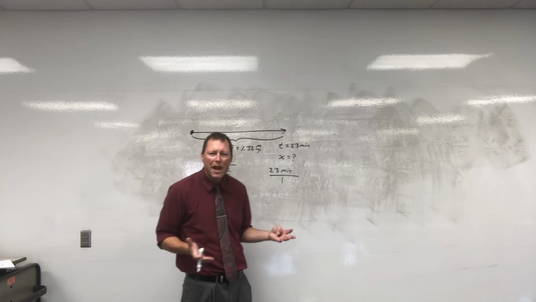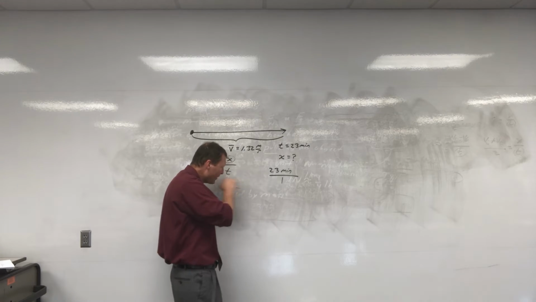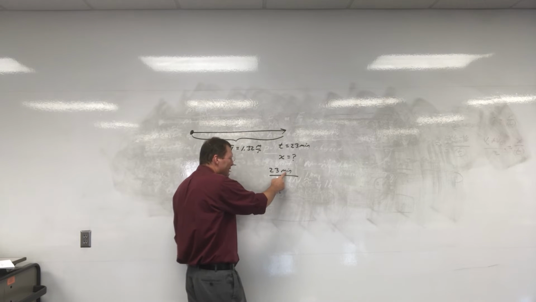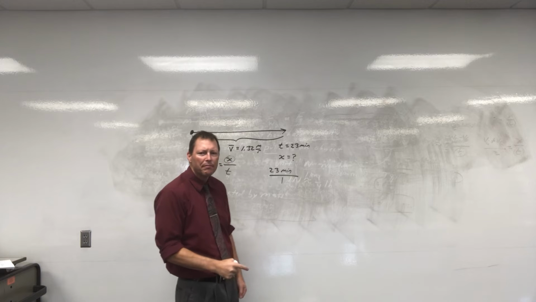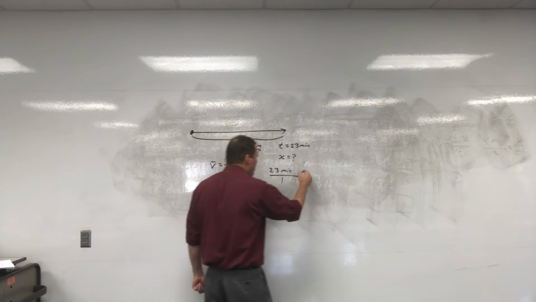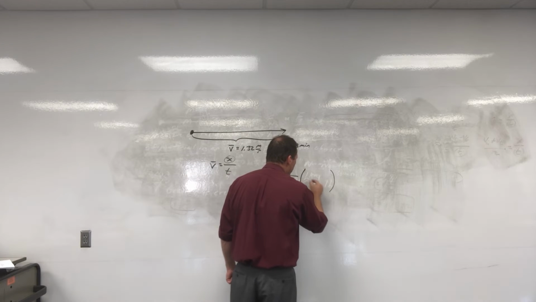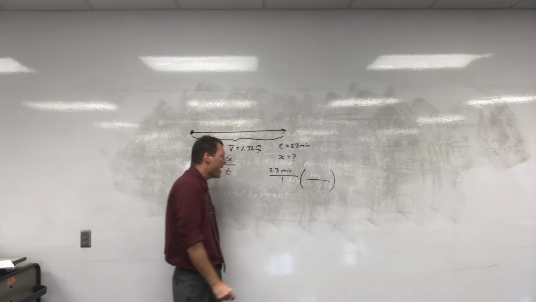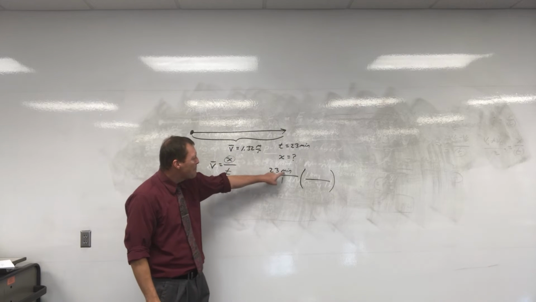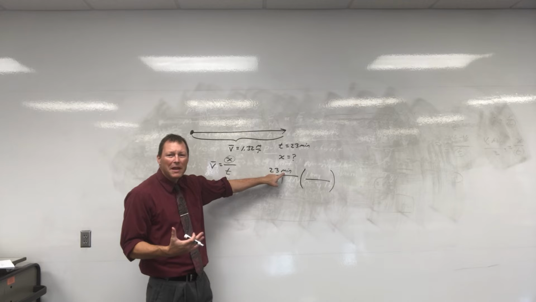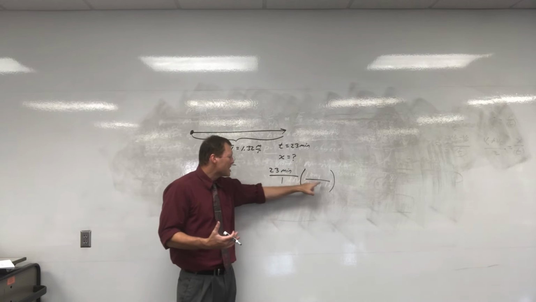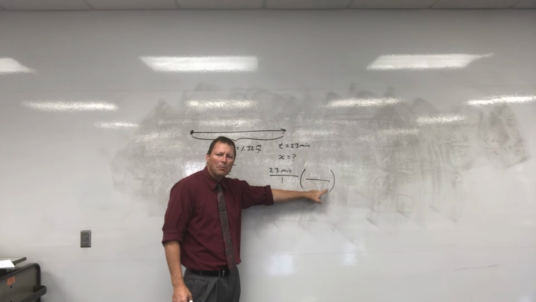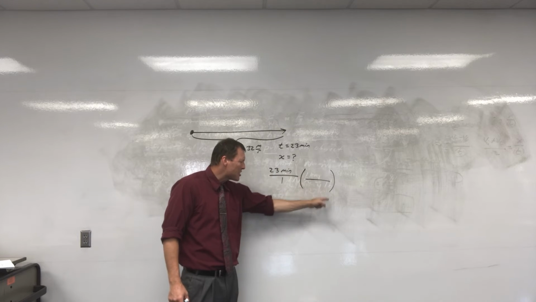I've got minutes on top and I want to get rid of minutes, so I multiply by a conversion factor with minutes on the bottom, so that my minutes cancel out.